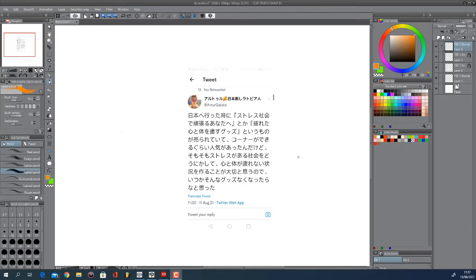If I was to choose, I would say that, and I'm going to do this in orange, this and this and this and this. That stands out to me. Now in Japanese these are quotation marks. So I'm going to guess that it's going to be a sentence within these quotation marks.